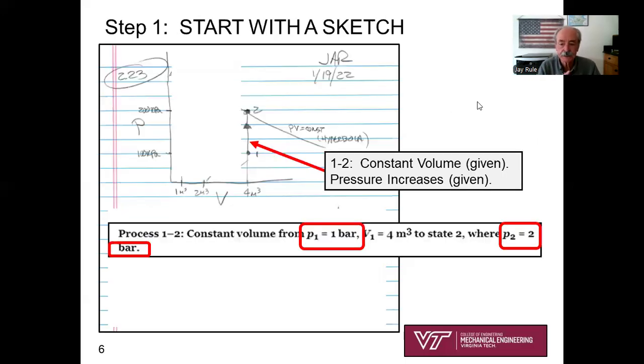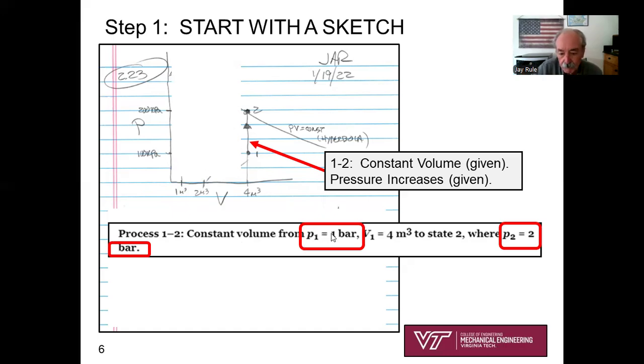All right, let's get started drawing the pressure volume diagram. Let's start with state 1. This is just a screenshot from my own personal solution from 2022. I drew my axis, pressure on the Y, volume on the X. I'm starting at state 1, so I'm just going to put a dot about anywhere on my diagram. It says constant volume. What is a constant volume process going to look like on a PV diagram? It's going to be a vertical line. V equals constant. So I labeled my state 1 here.